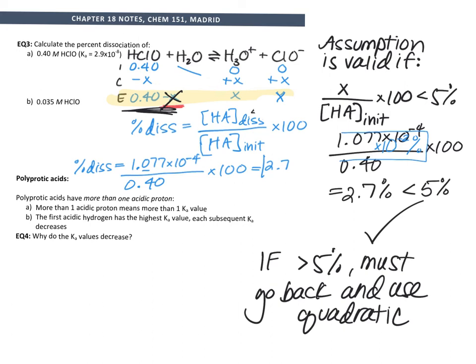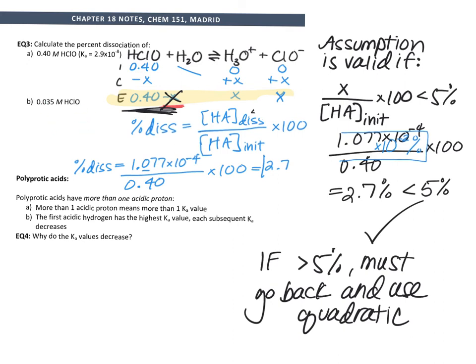Okay, so B is the same exact question, except notice it's a lower molarity. Now, if you go back to the previous page, you'll see that we talked about how as concentration of a weak acid goes down, the percent dissociation goes up.